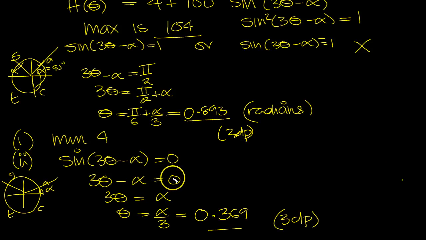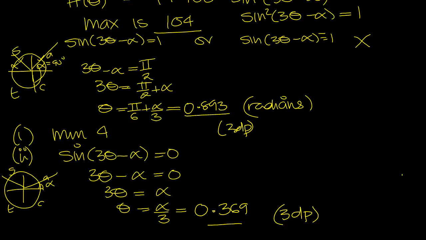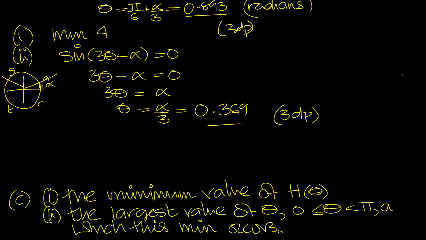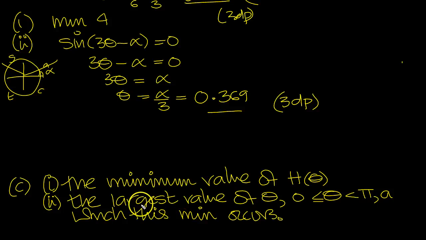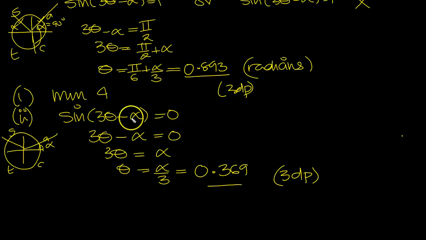Just looked at the solutions, and it does help to read the question before you actually do the problem, because it doesn't say the smallest value on the second part, part C. It says the largest value of theta between 0 and pi. So the other possibility, the next value along, would be when it's equal to 2 pi here, sine is 0, or 1 full turn, which is 2 pi.